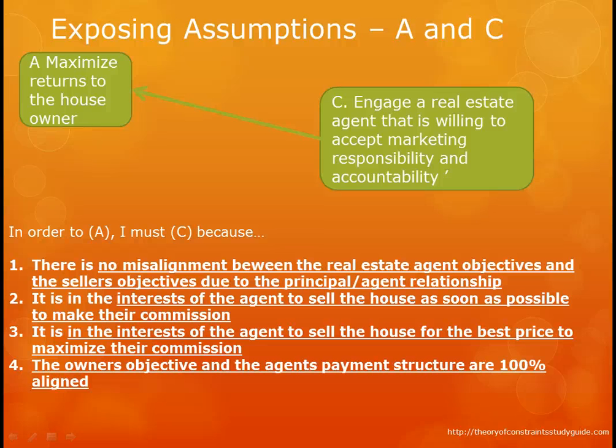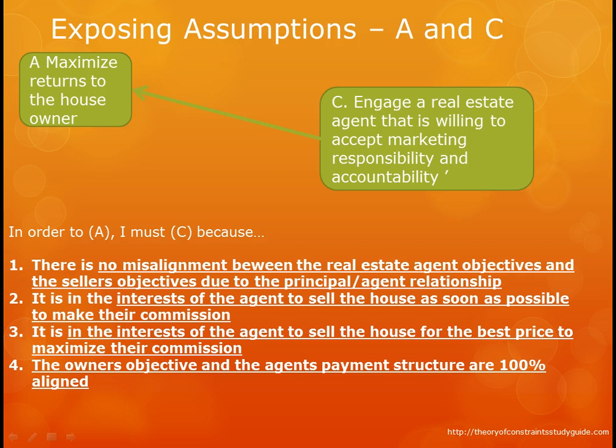So in contract law, the agent is obliged to act in the best interests of the principal. And so therefore we are assuming that occurs when we say that in order to maximise the returns to the house owner, the house owner must engage a real estate agent that is willing to accept marketing responsibility and accountability.